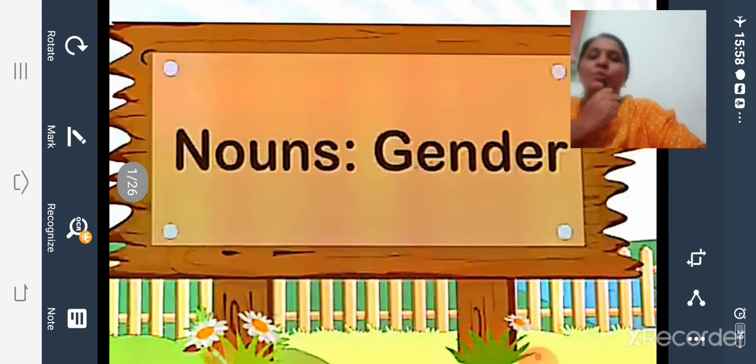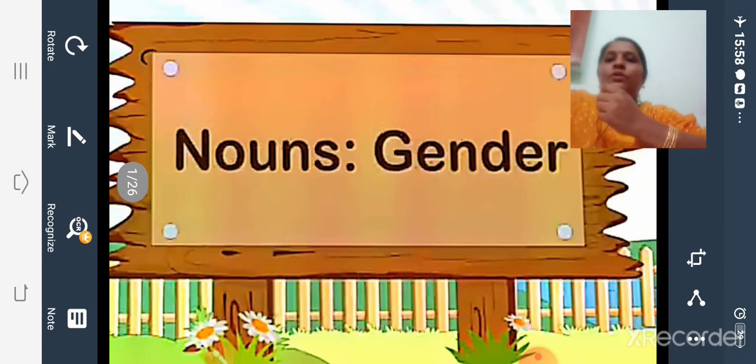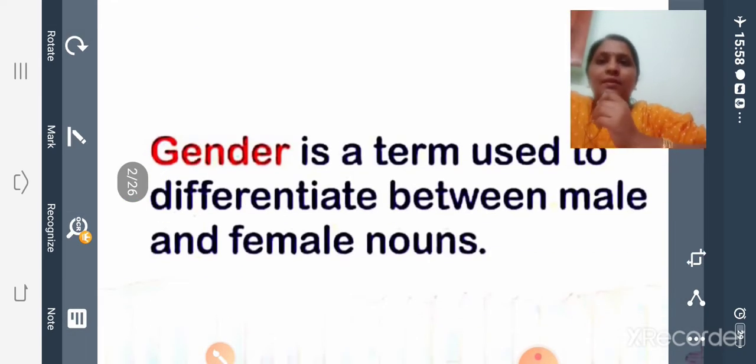Okay, so I'll show you the definition of gender. What is a gender? Gender is a term used to differentiate between male and female nouns. So most of the animals have the distinction of male and female.